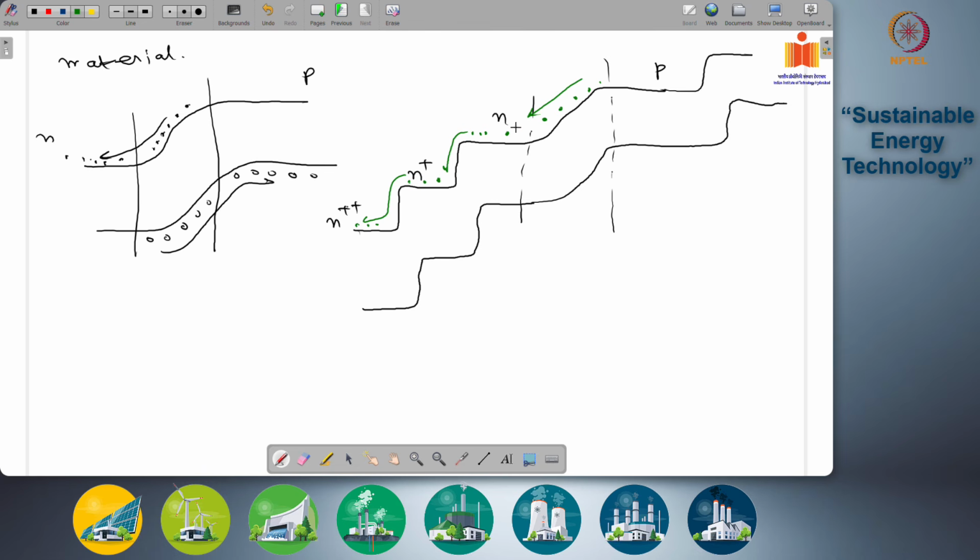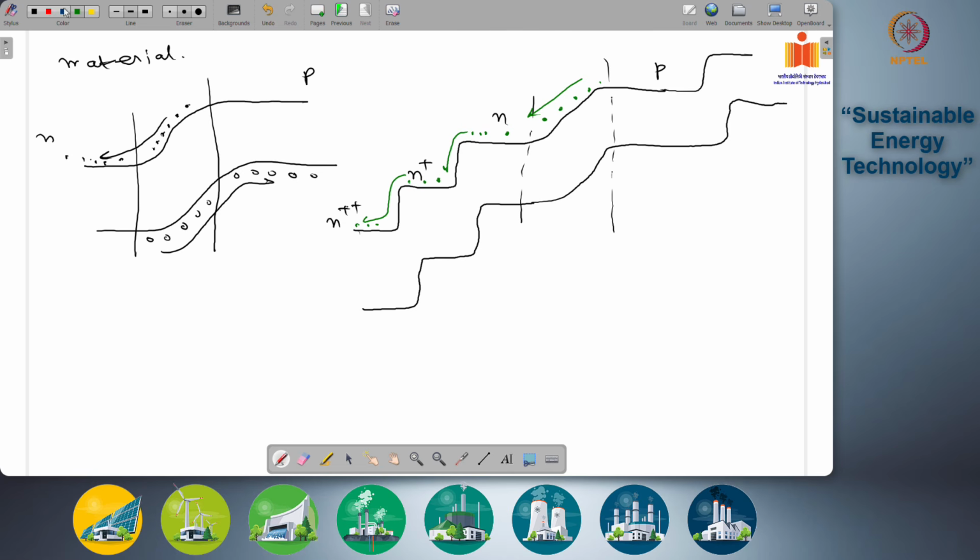So you don't have a flat profile here, but a continuous series of energy cascades with increased doping levels of N type, so that the electrons move smoothly across a series of potential gradient steps into your front contact. Okay.